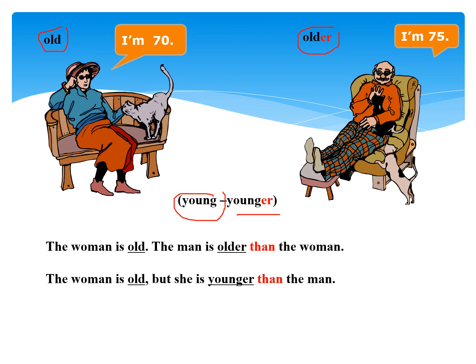So the woman is old. The man is older than the woman. The woman is old, but she is younger than the man. So here we are comparing the two people.